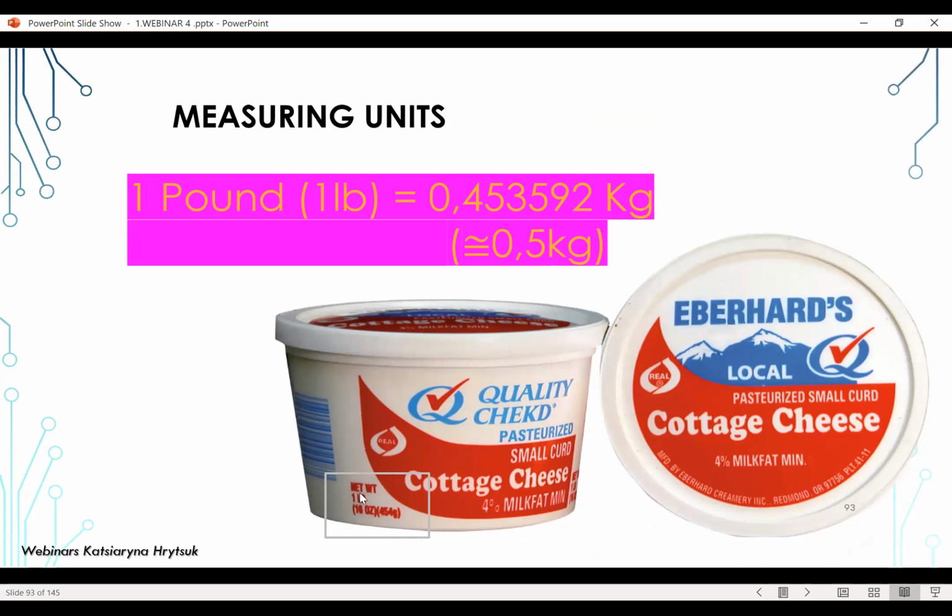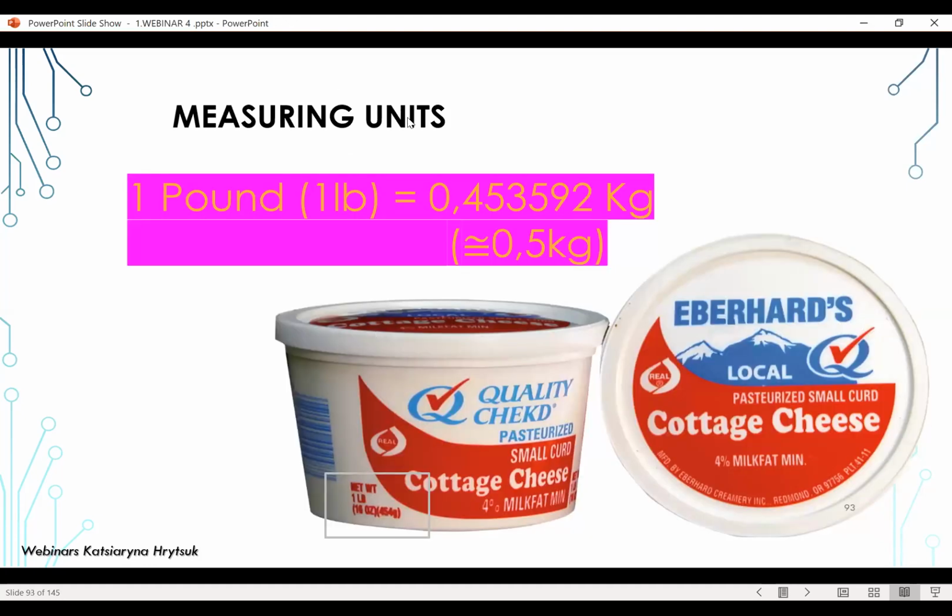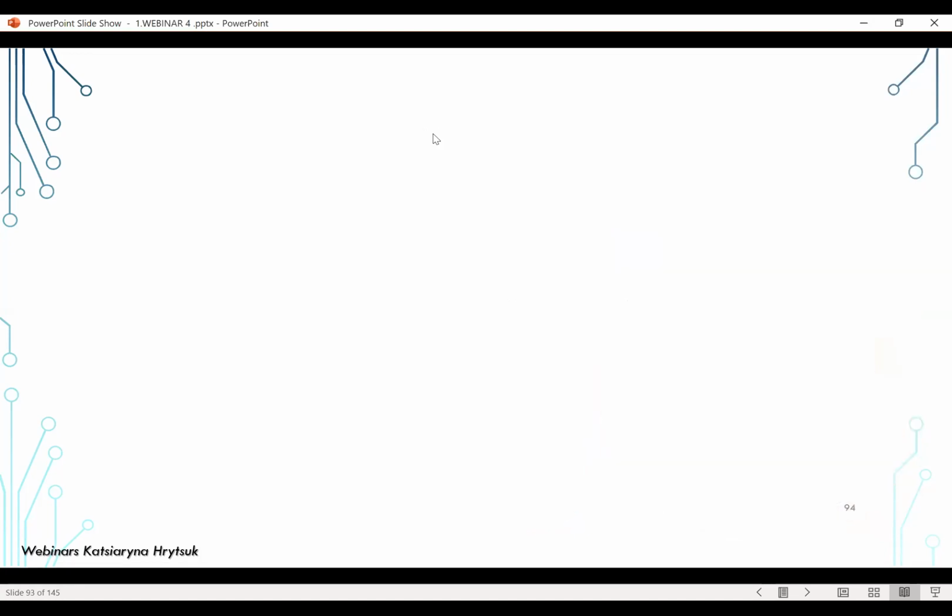So it's a half kilo. And then percent, 4% milk fat, and so on. But it's 1 lb. You should understand it, please. Lb is a pound. These are the main measuring units for you.